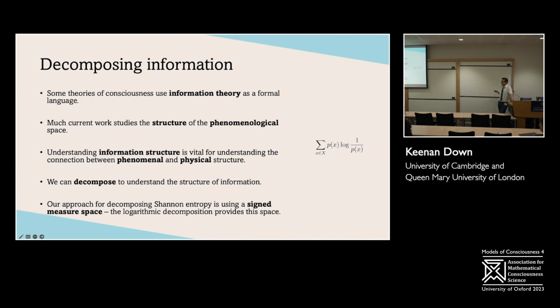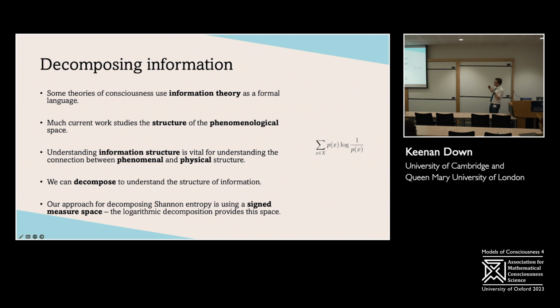So making sure that we actually understand the structure of information itself, or some variation of information, is going to be really important for understanding how that relates to the structure of phenomenal experience. So it's this bridging language: we want to see the structure of information here in the brain and relate it back to what we're actually experiencing.